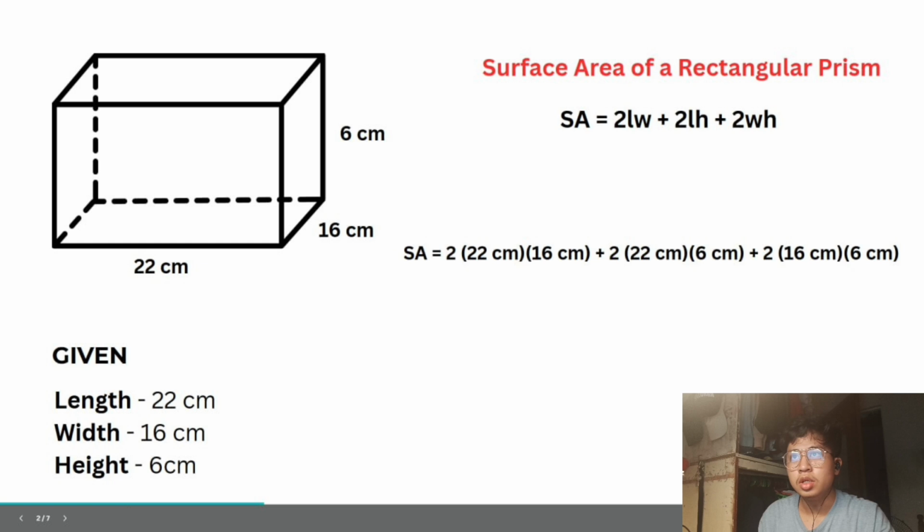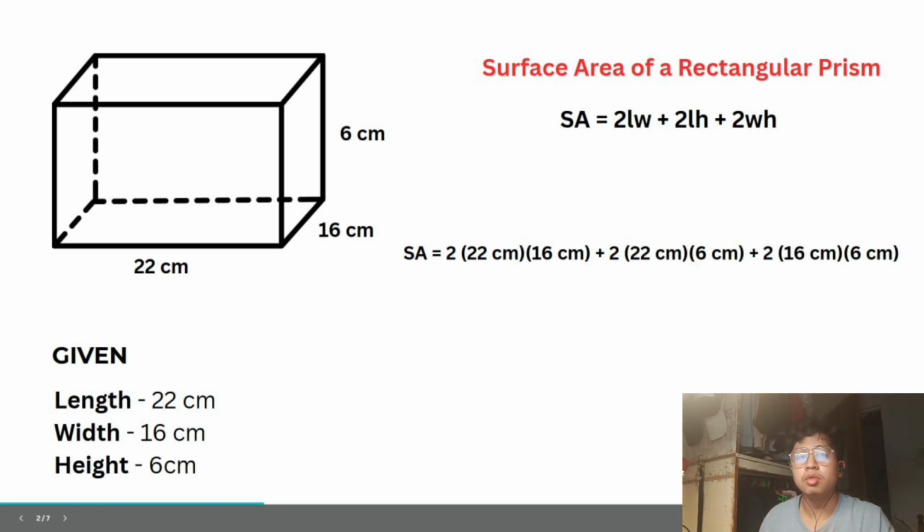So, surface area equals 2 multiplied by our length, which is 22 centimeters, multiplied by width, which is 16 centimeters, plus 2 multiplied by length again, 22 centimeters, multiplied by height, which is 6 centimeters, plus 2 multiplied by width, 16 centimeters, multiplied by height, 6 centimeters.